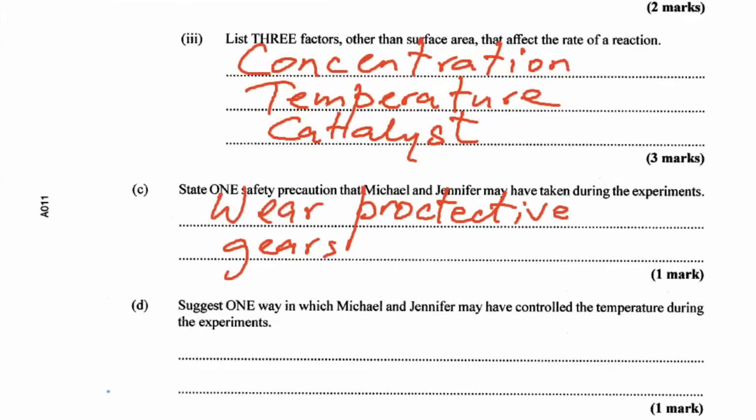D, state one way in which Michael and Jennifer may have controlled the temperature during the experiment. So they said this was held at 25 degrees Celsius, taken to be room temperature. They could have used a styrofoam cup, you know, an insulated system where heat would not enter or leave.